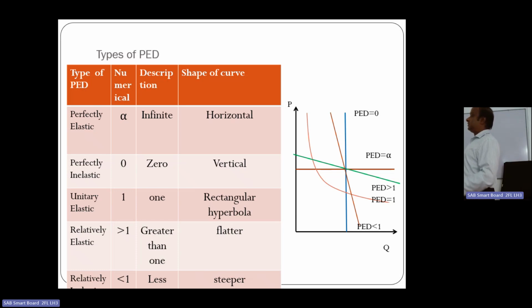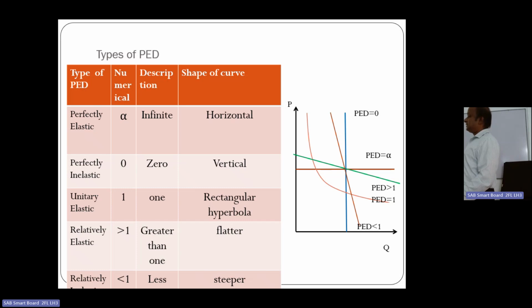The change in the quantity demanded is higher than the change in price. So normally we get a flatter demand curve. The flatter demand explains the elastic demand: when the price changes, the quantity demanded changes significantly. That's why we have the flatter demand.